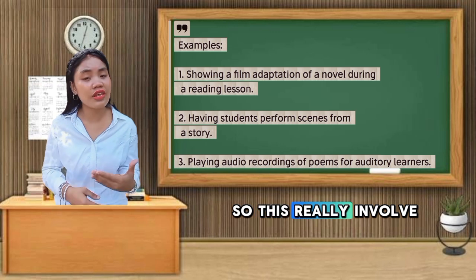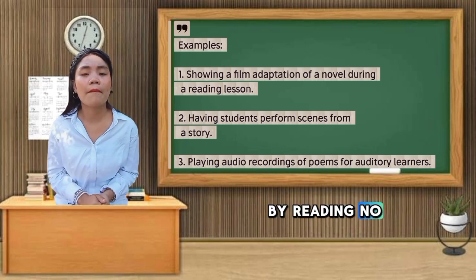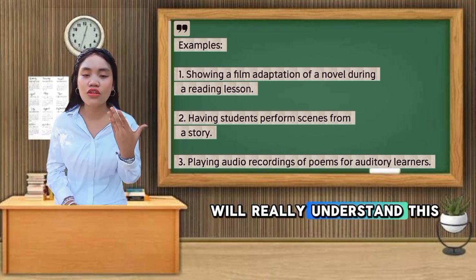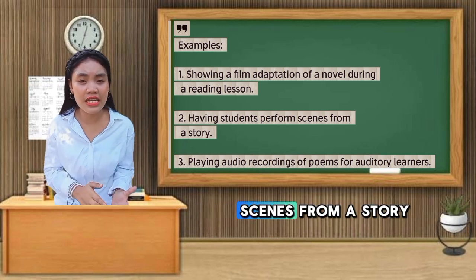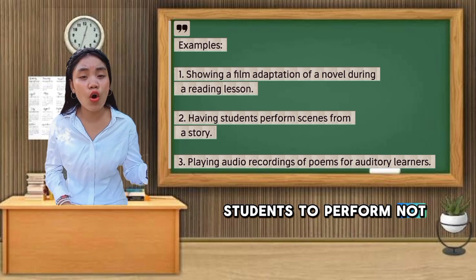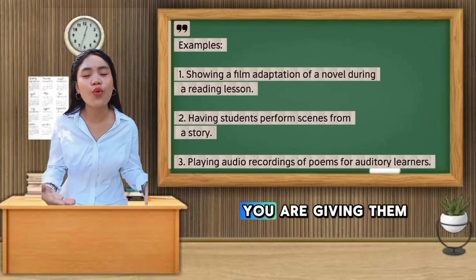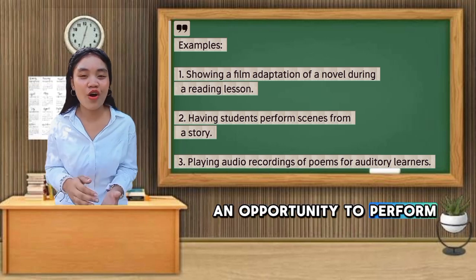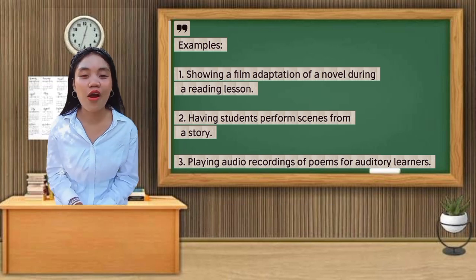This really involves adaptation not only by reading, but also an adaptation on how the students will really understand this. Second, having students perform scenes from a story. You allow the students to perform, not only to read what happened in the story, but you are also giving them an opportunity to perform what they have understood.